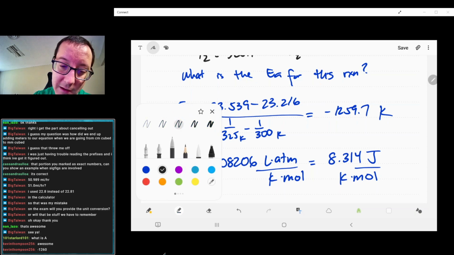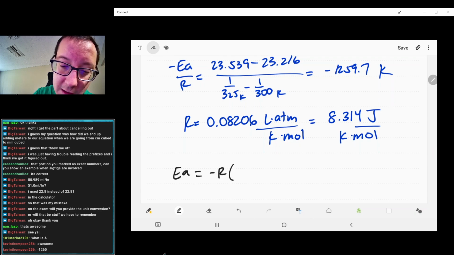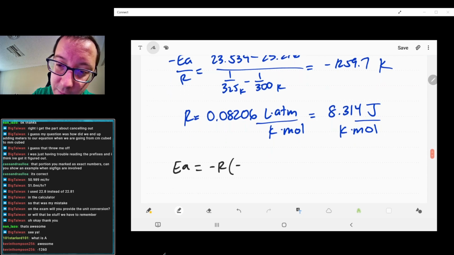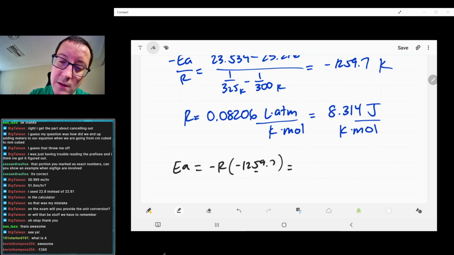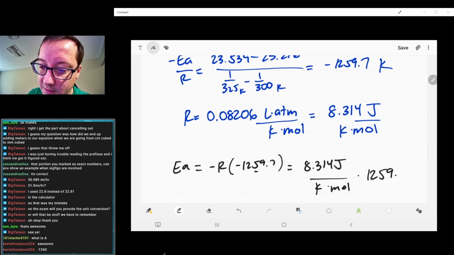So if we plug this in, EA equals negative R times negative 1259.7 Kelvin, with 3 sig figs. That is 8.314 joules per Kelvin mole times 1259.7 Kelvin.